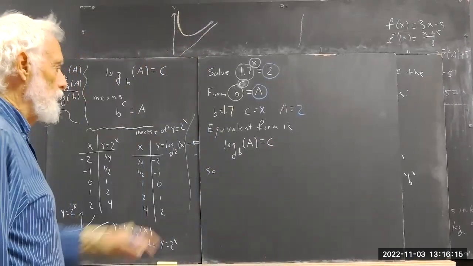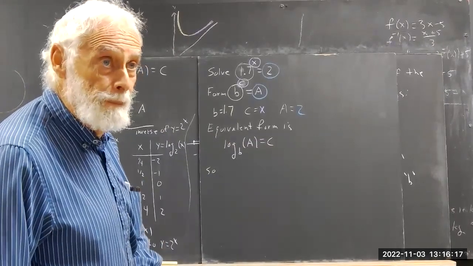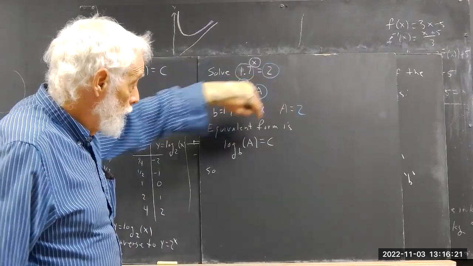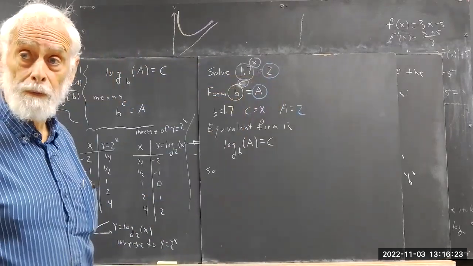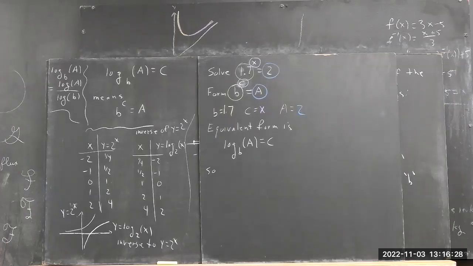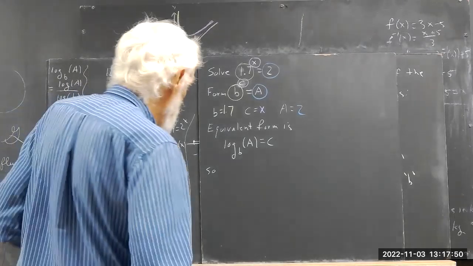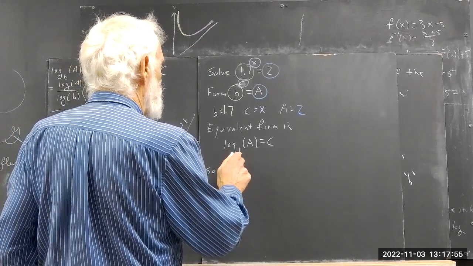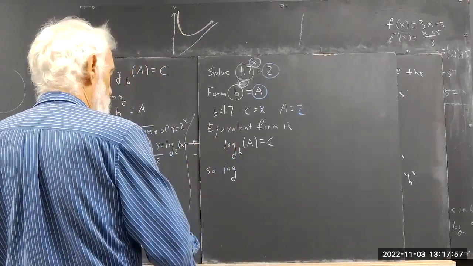Well, the equivalent form is log base B of A equals C. So can we take this value of B, this value of C, and this value of A and plug it in here? Please do that. Some of you have already done it. Some of you already got a solution. Let's make sure everybody's on track. What we get is log base B, be careful here, these are 1.7.